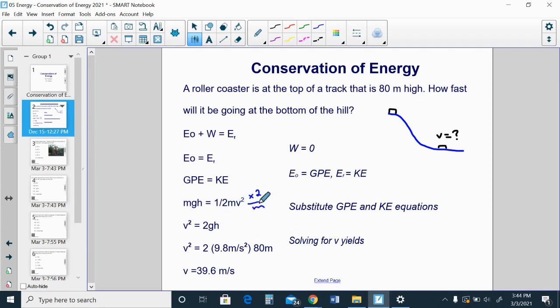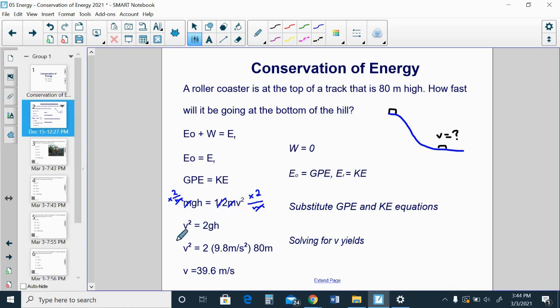So 2 over m here, multiplied to both sides. You'll notice that mass will cancel out completely. So we're canceling that out. So what you end up with is just v squared is equal to 2 times g times h, so the gravity times the height.